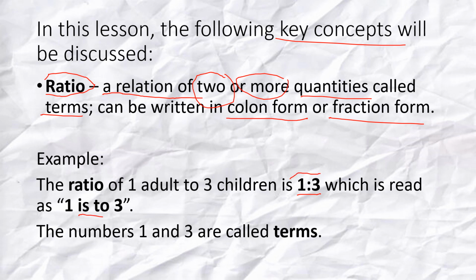If you encounter this symbol, you read this as "is to." So if there is one adult and three children, the ratio of these two terms is 1:3. Take note that the numbers 1 and 3 here are called terms.